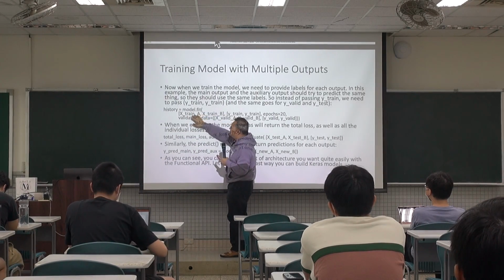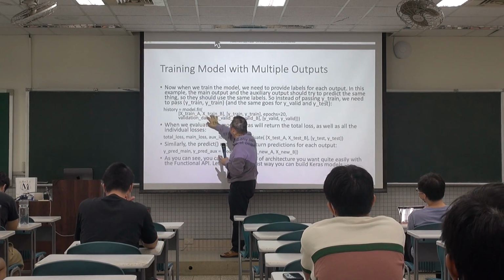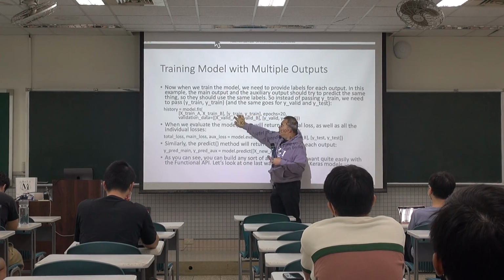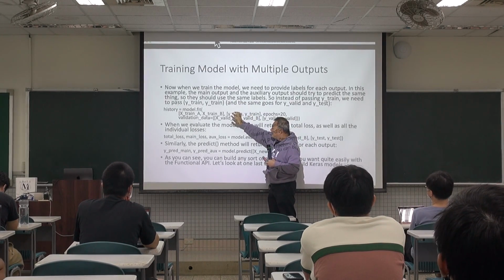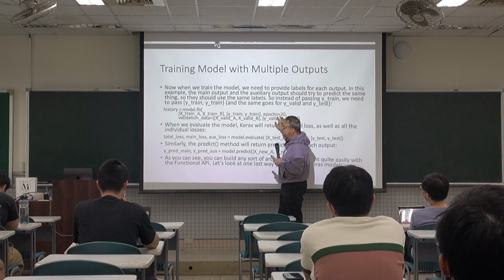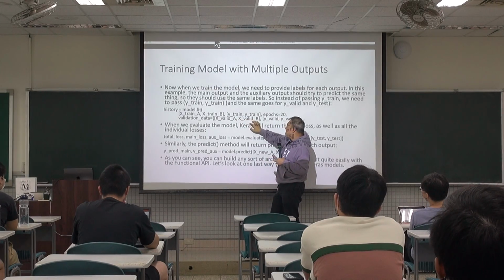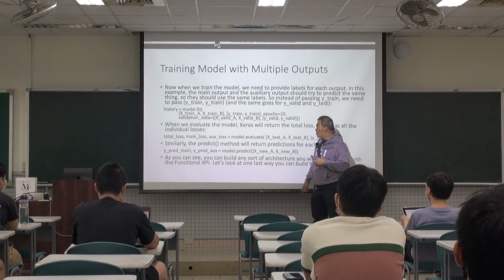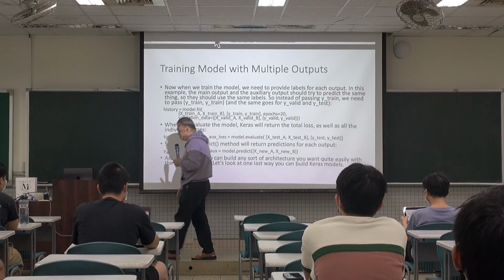Just in the model fit, we have two training sets, training set A and training set B, and we just repeat the y train as our ground truth. This is the ground truth for the primary output. This is the ground truth for the auxiliary output. And we train this model for 20 epochs. For the validation data, same thing: we have validation set A and validation set B, and we repeat the validation ground truth like here. So that's it. The other parts are pretty much the same.